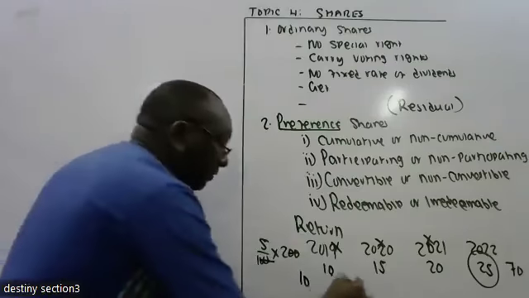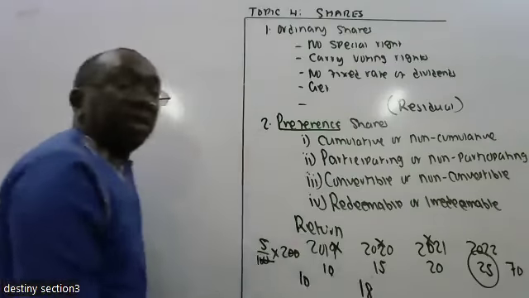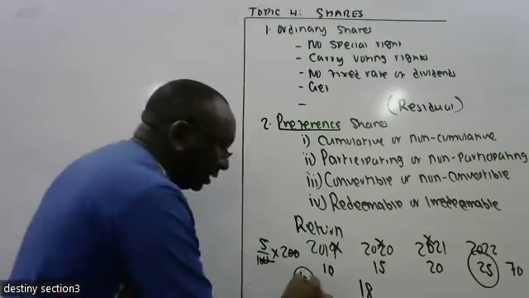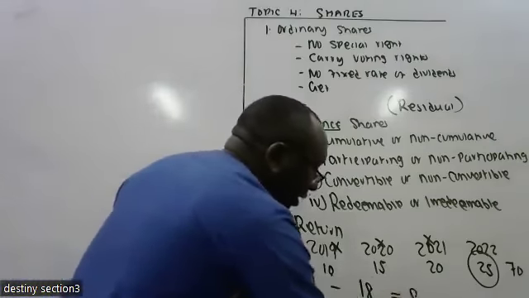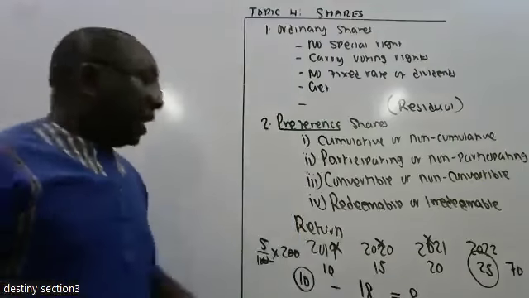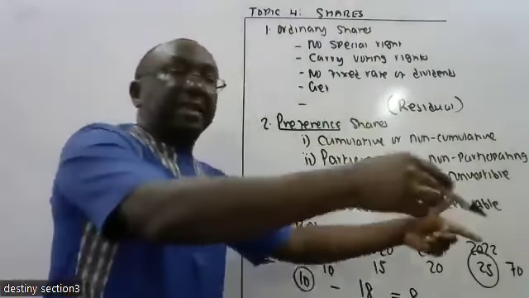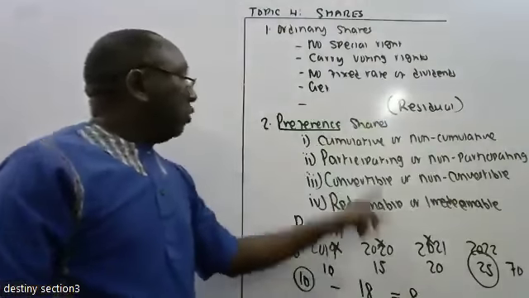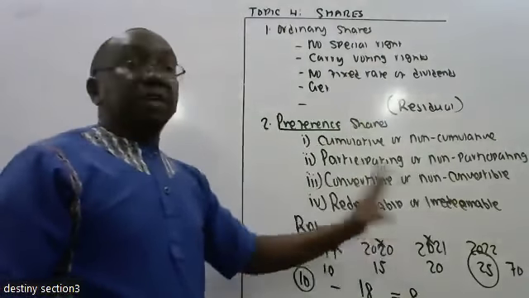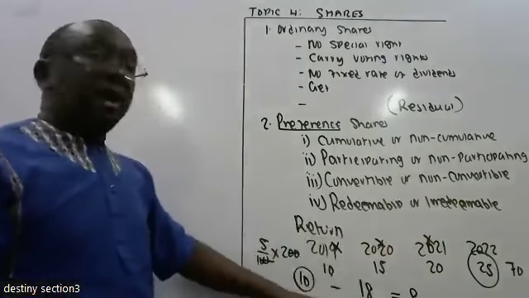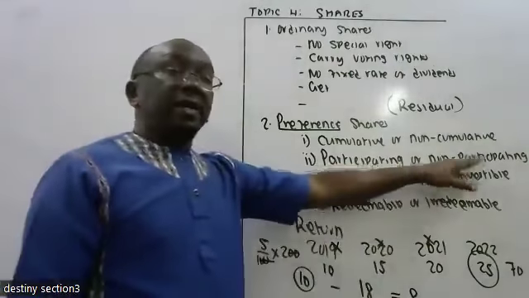But we have made a profit of 18 shillings. So when we pay this, we are left with a surplus of 8. If these shareholders can also be invited to share in this 8, then we call them participating. And if they cannot be invited, then they are non-participating.